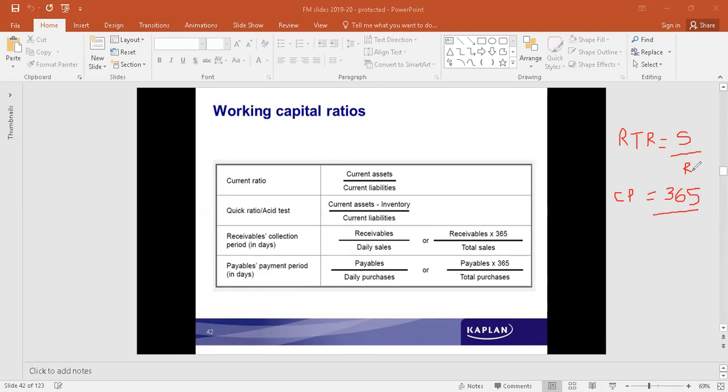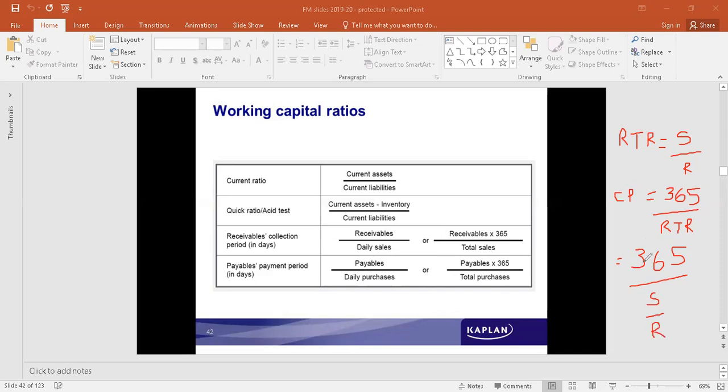How long the amount is held in receivables is calculated by the receivables turnover ratio. But what is the receivables turnover ratio, formula wise? This is basically 365 divided by the receivables turnover ratio, which is sales by receivables. This is the equation.